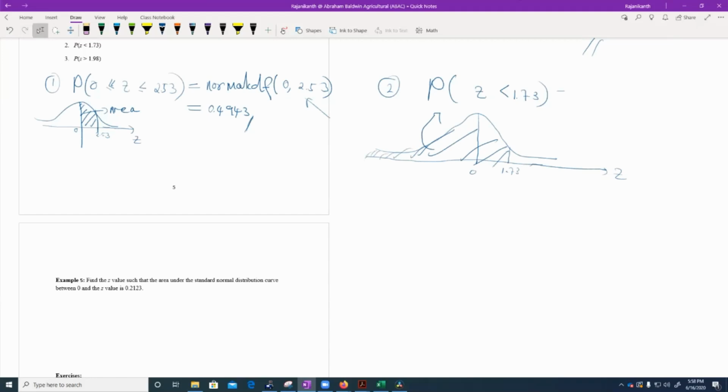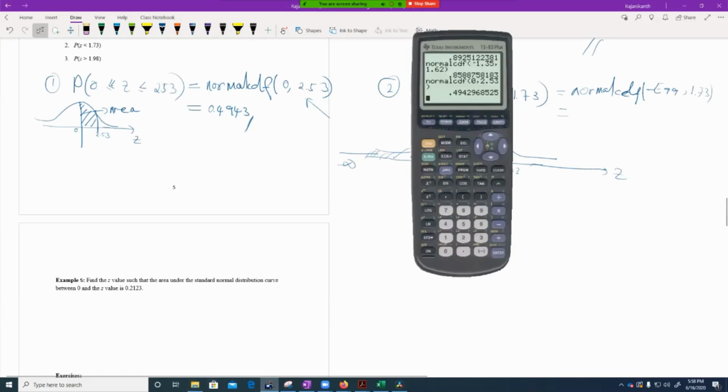Okay, right. So now the thing is, how are we going to find it with normal CDF? Remember, the bounds for this area: the left side goes all the way to negative infinity, and the right side is 1.73. Therefore, the bound is negative infinity, meaning negative E99 on your calculator, and the right side is 1.73. That's it. Simply type this function and values, and you will get the answer. So find the corresponding region and then the area.